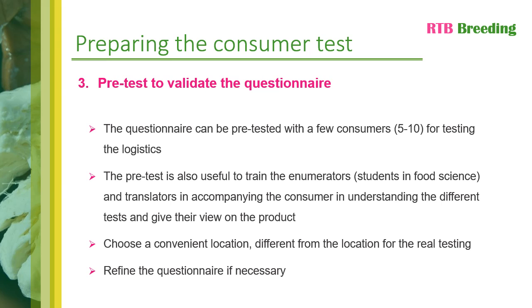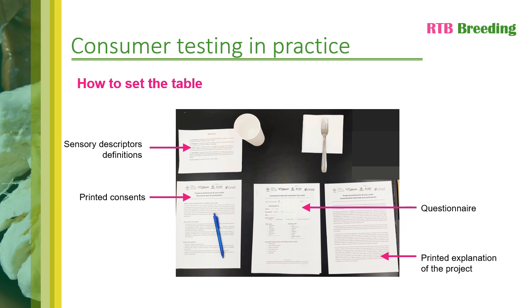At the end of this pretest, it will be possible to modify the questionnaire if you notice that some of the questions are not clear. This pretest stage is not compulsory, but it is recommended, especially if you have never carried out a consumer test before. We now move on to the more practical part of the test.